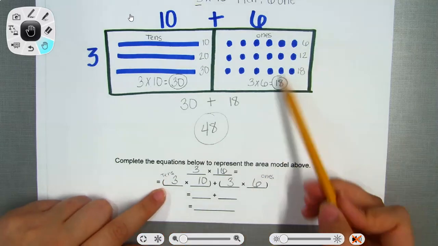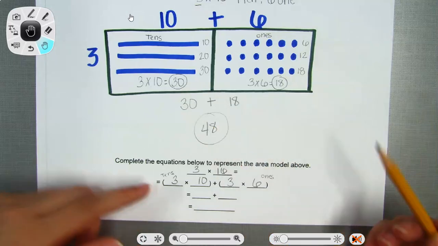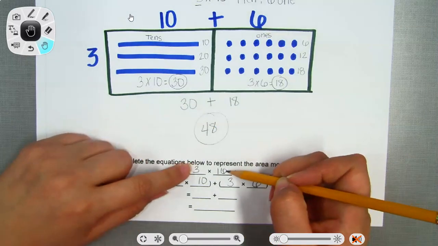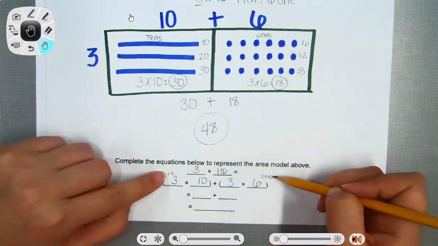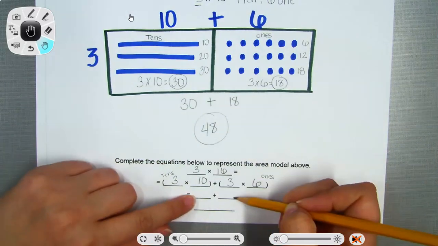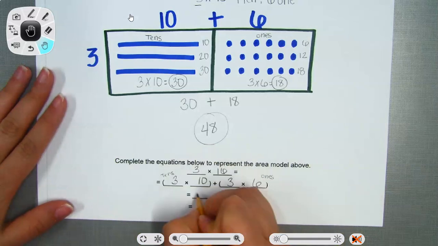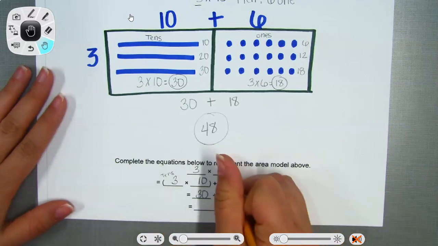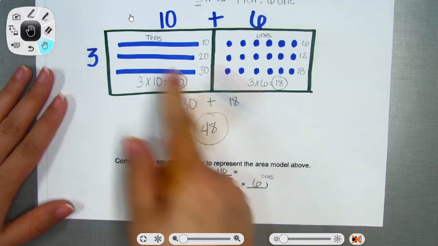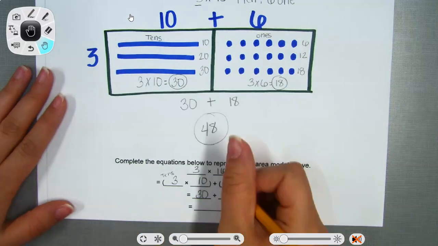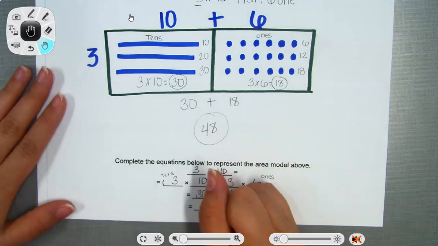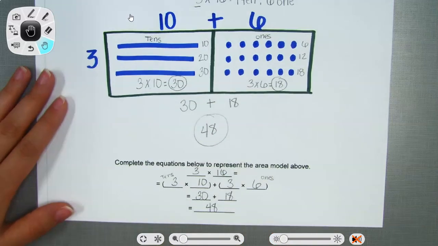Then we had to put my tens and ones back together. So we started with our tens and ones together. Then we took apart our tens and ones. Now I'm going to put my tens and ones back together. So I know that 3 times 10 is 30, and 3 times 6 is 18, because that's what our picture showed us. And when I put them back together, I get 48.